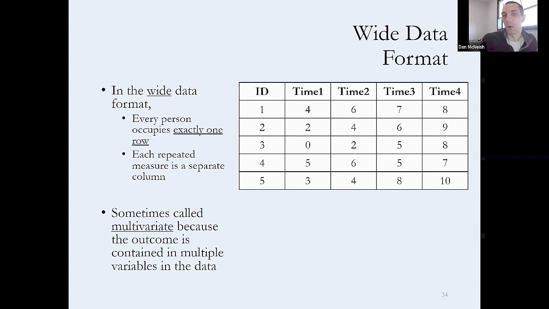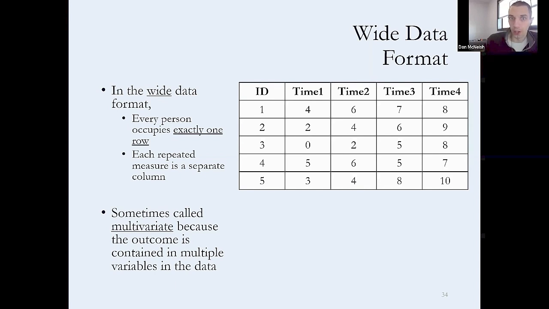So every person is going to occupy one row. The repeated measures are going to occupy multiple columns. So the data is going to be bigger left to right rather than top to bottom. When I have multiple people, they will just then occupy different rows. So row 1 corresponds to all the repeated measures for person 1.